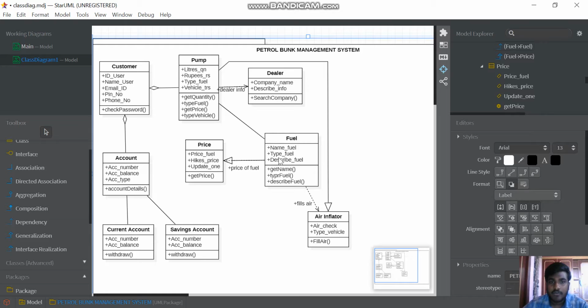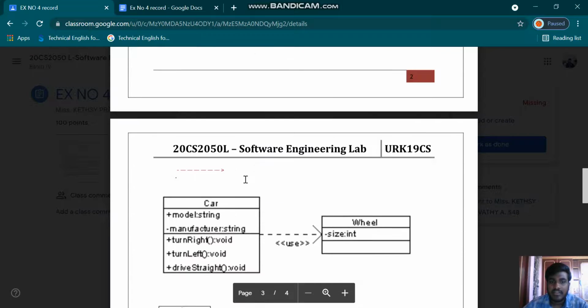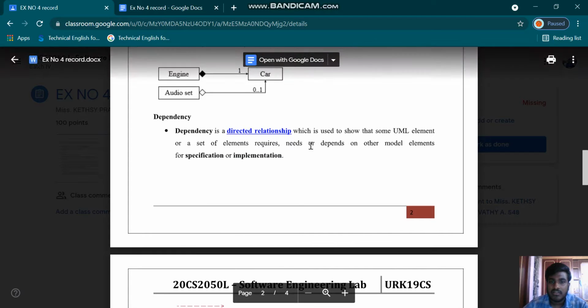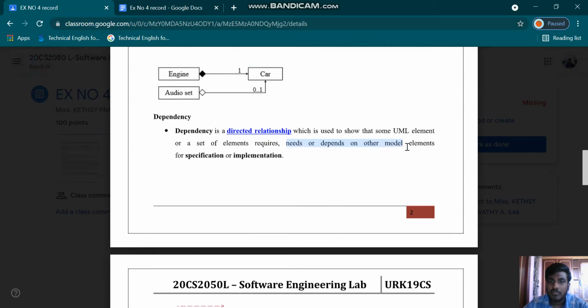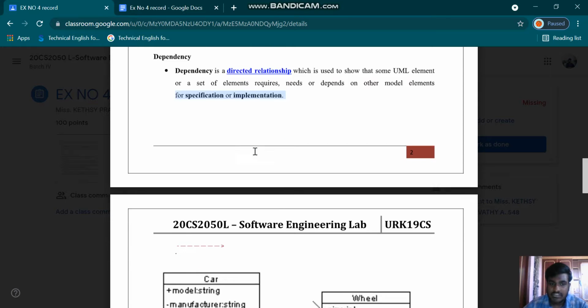Also see here the fuel depends on price. So we have the price of the fuel, and see here, after filling the fuel we come out to the air inflator. See, it fills here. This is called dependency.